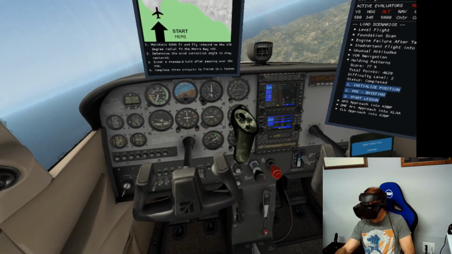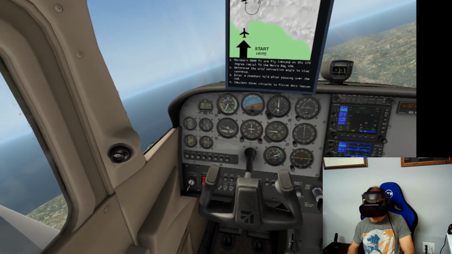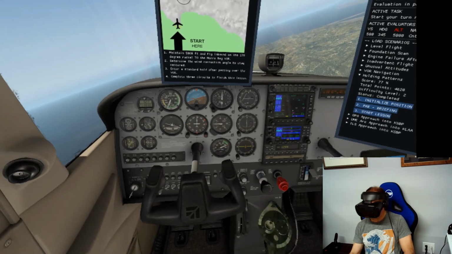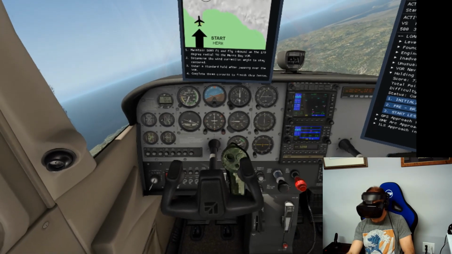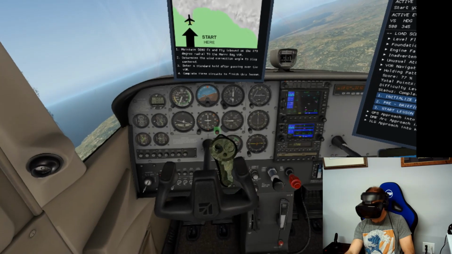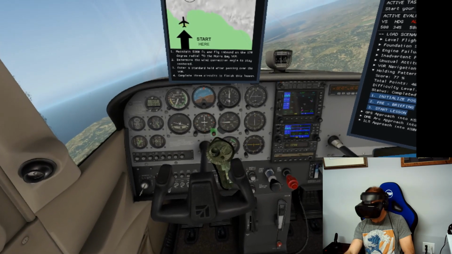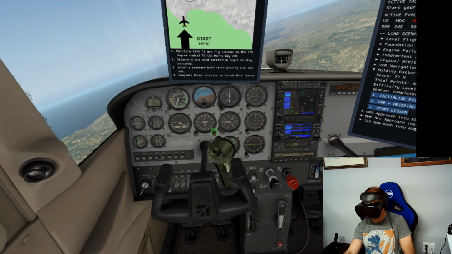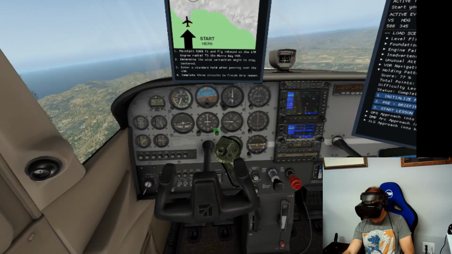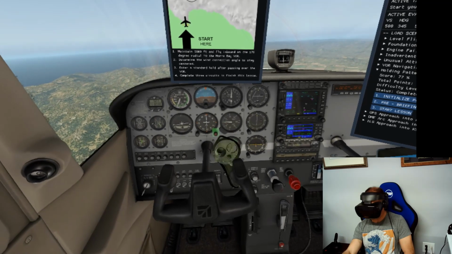As soon as that needle comes alive, I want to set that timer. Needle should come alive any second now. Come on, needle.